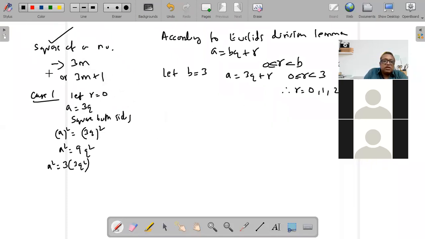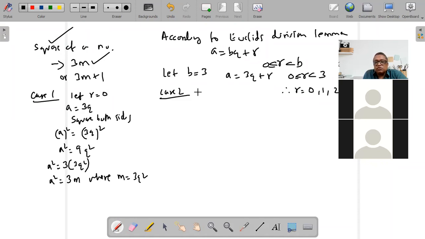So here, in the next step, I will replace the bracket with m, where m value is, in this case, 3q square. तो ये जो 3q square है, वो insignificant है, क्योंकि what is important is the number 3. इसको m लिख देंगे. So I have got the first part, that the square of a number is in the form of 3m. So ये हमारा case 1 हो गया.